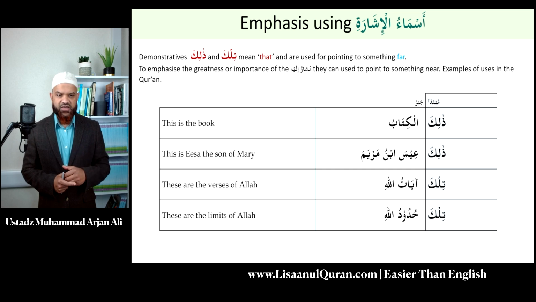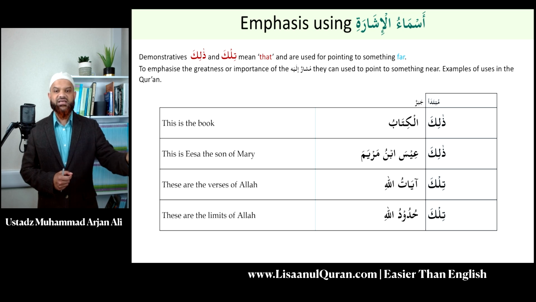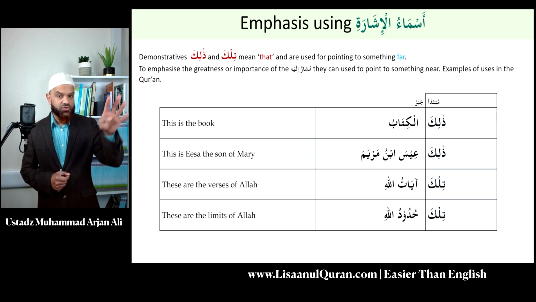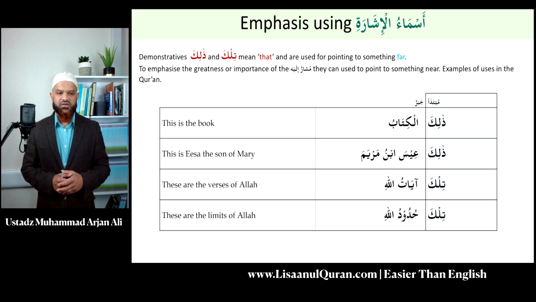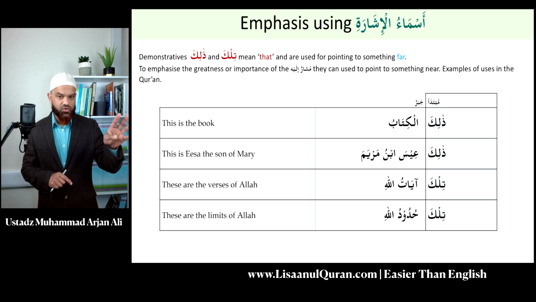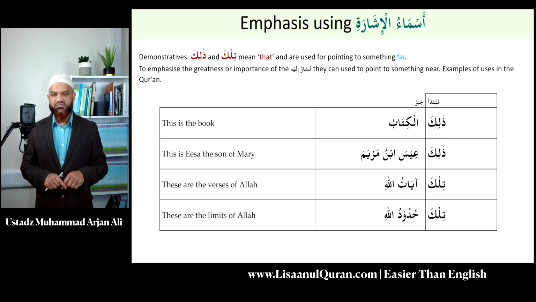For example, I first have, dhalika al-kitab, this is the book, or this book. Then we have, dhalika Isa ibn Maryam, this is Isa, the son of Mary. And tilka ayatullahi, again, these, not those, these are the signs of Allah, or these are the verses of Allah, whichever way you want to translate. And then we have tilka hududullahi, these, not those, these are the limits of Allah.